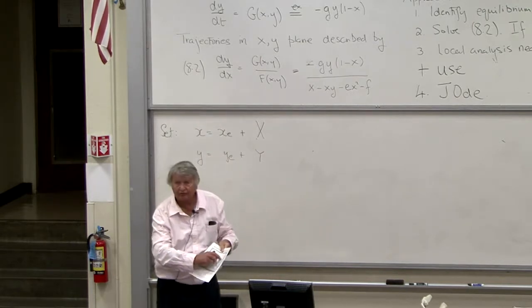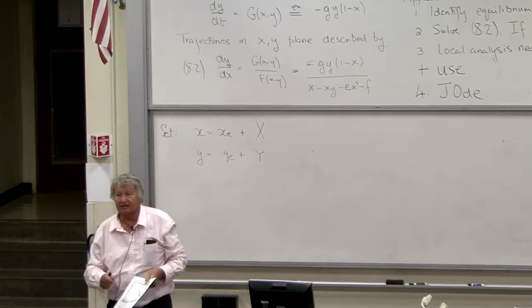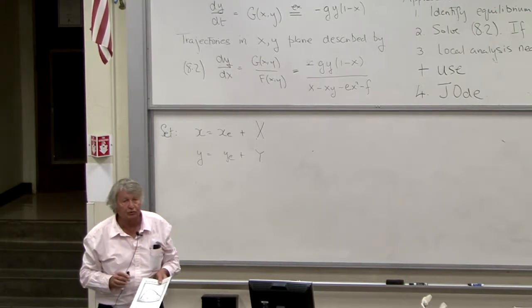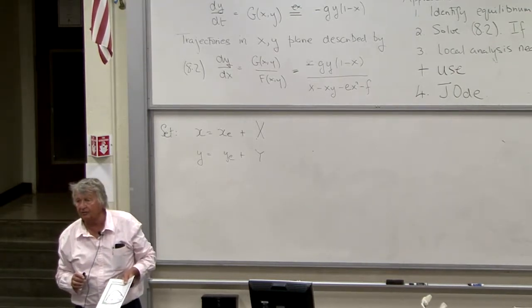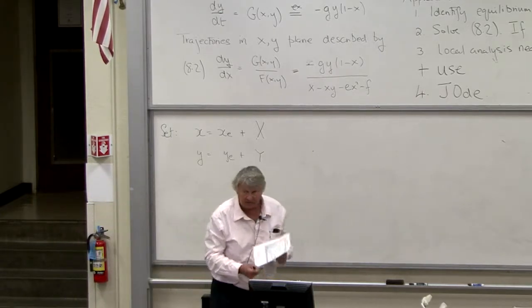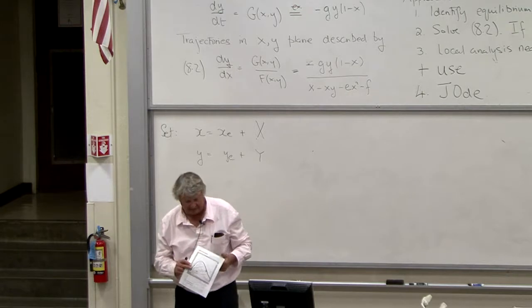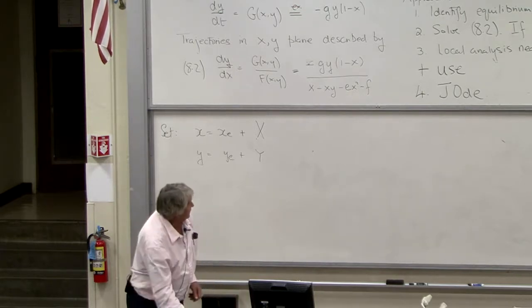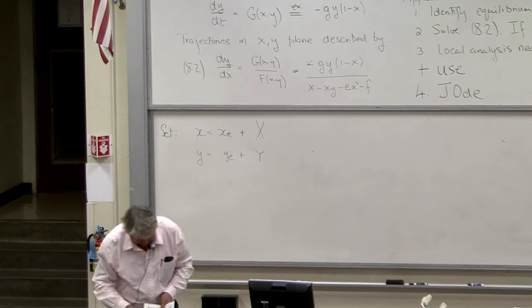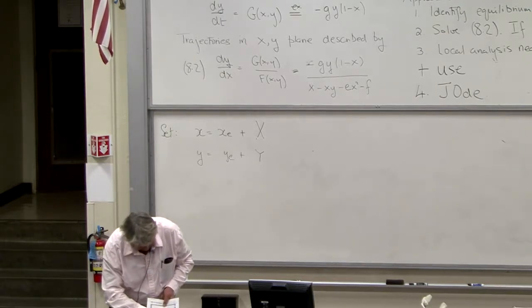The arrows are drawn in that direction, and the little end of the arrow points in the direction that the solution will move as time increases. All right, we will come to more analysis of this later. So that's the JODE, and we're going to be particularly interested in the behavior near these fixed points.